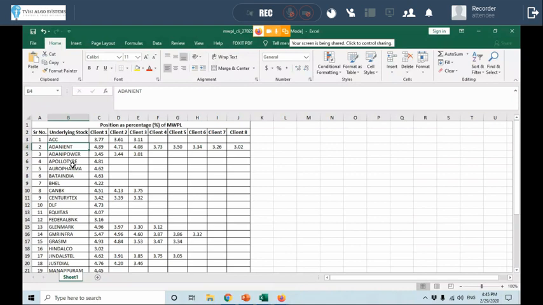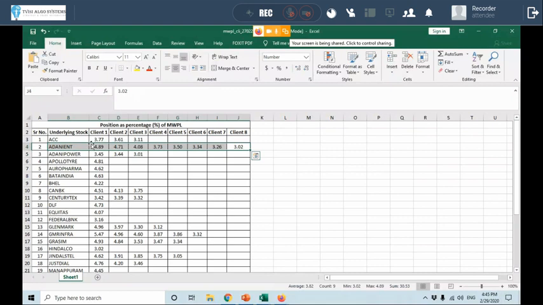No, clients means any client. This could be anyone, FII, DII, anything. Whatever is permitted, more than 3% of that is with each client. So there are a total of 8 clients interested in Adani Enterprises.